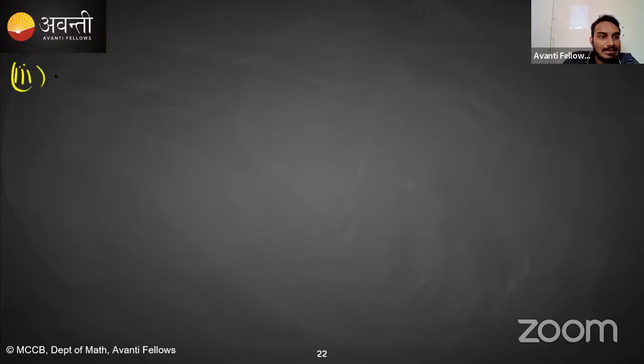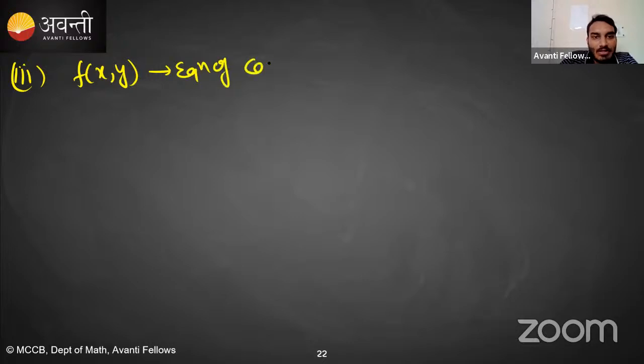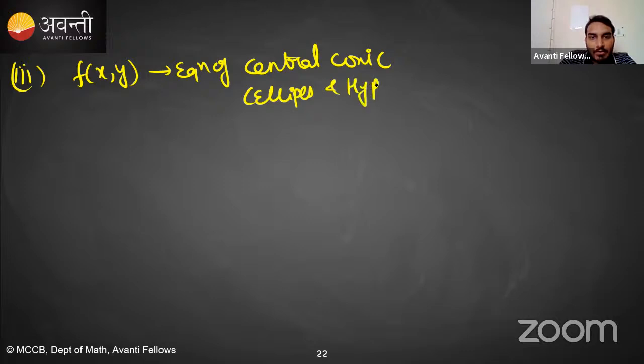Let's say f of x comma y is the equation of a central conic. A central conic means a conic which has a center, meaning ellipse and hyperbola. f of x comma y means a function in which x terms and y terms are present.